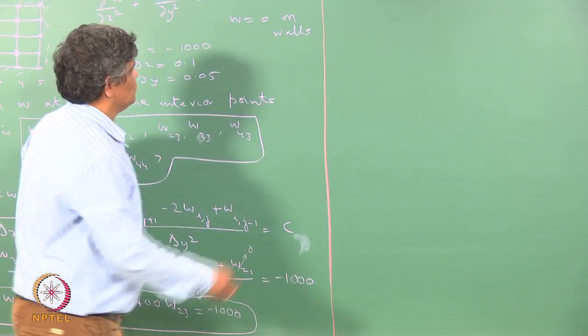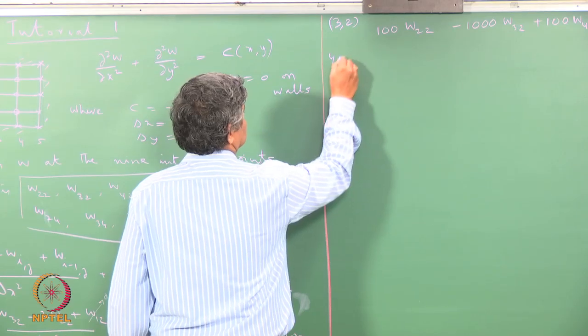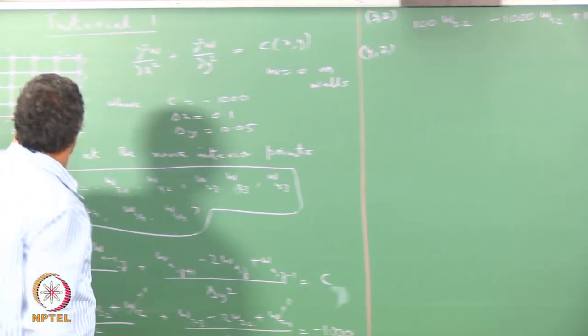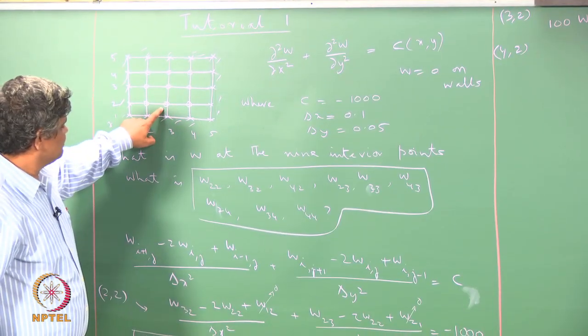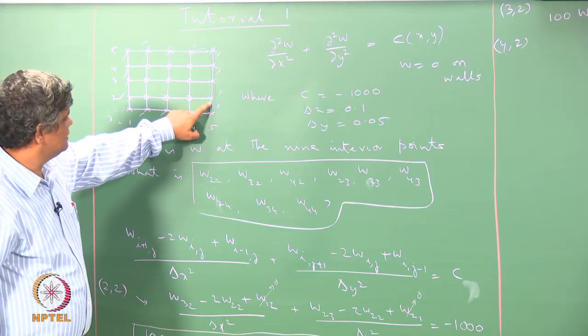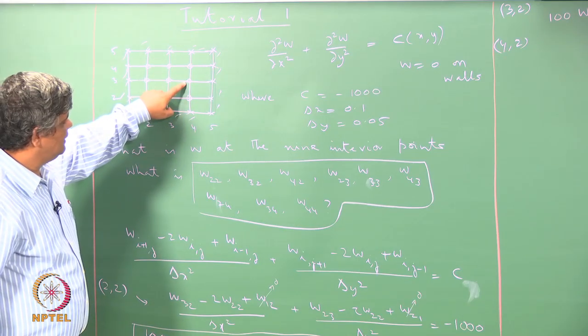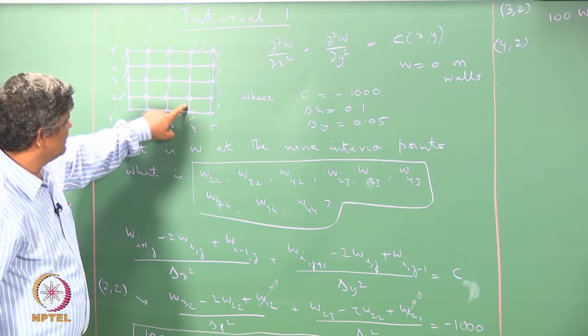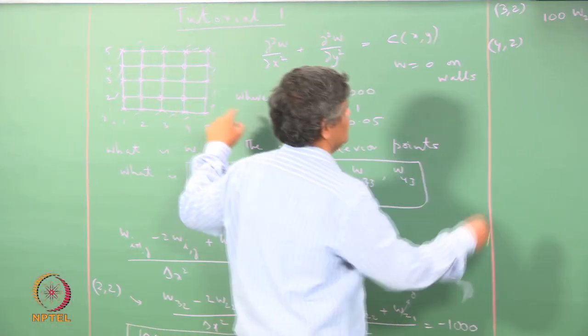Now we go to 42. 42 is this, so we get this one with 100, this one is 0, and this one with 400, and this will have 1000.